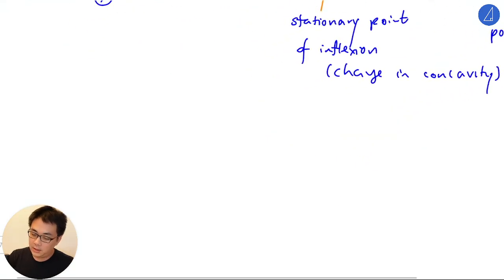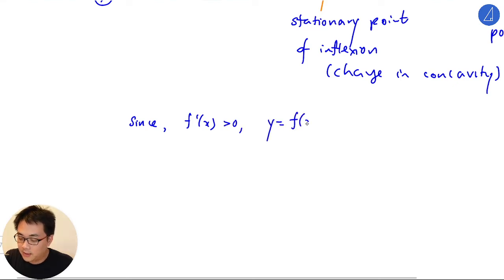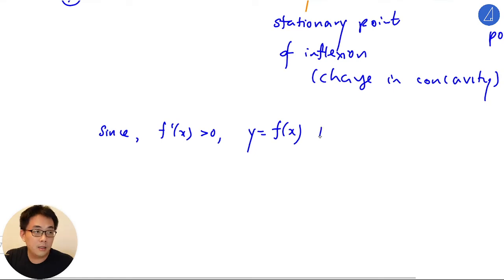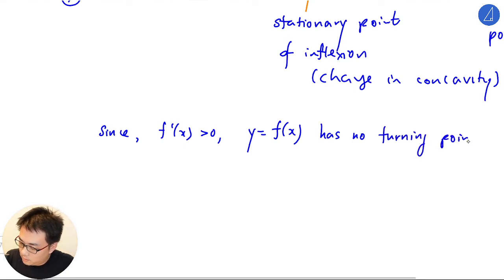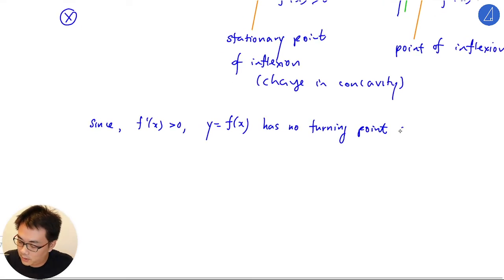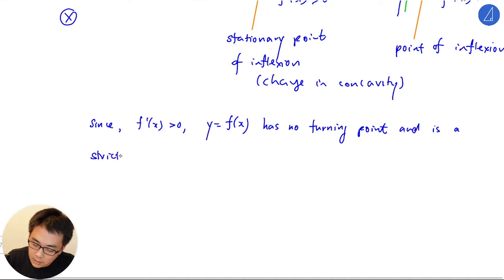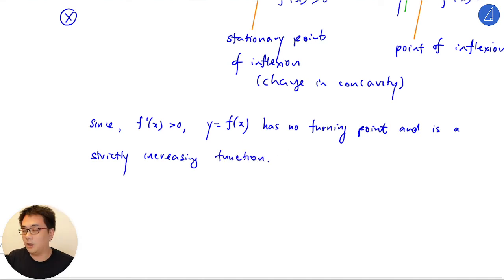Since f prime x bigger than 0, y equals f(x) has no turning point, and is a strictly increasing function. Okay, this is how I write. You don't need to write like how I write.